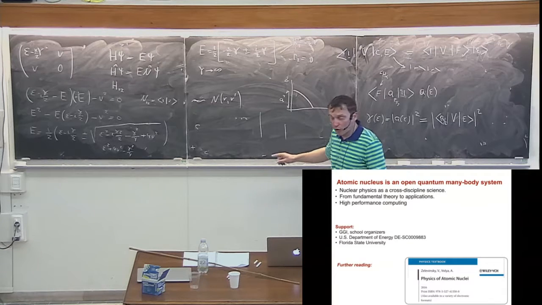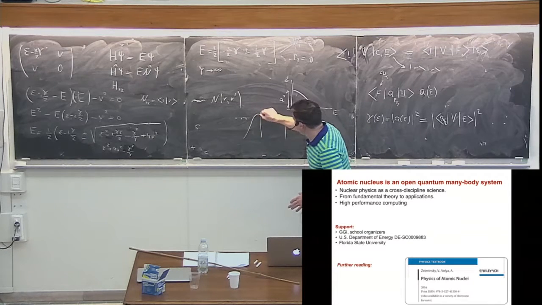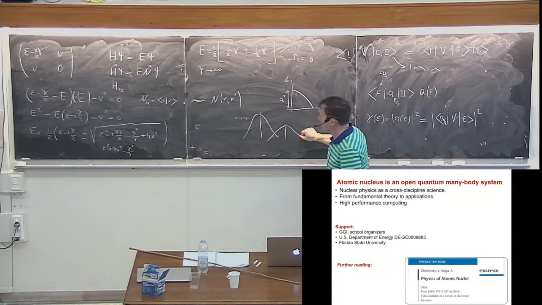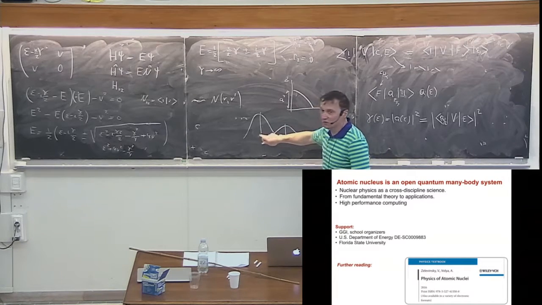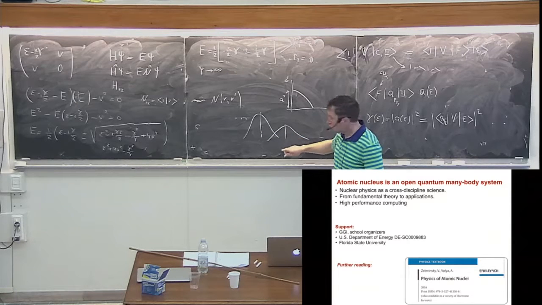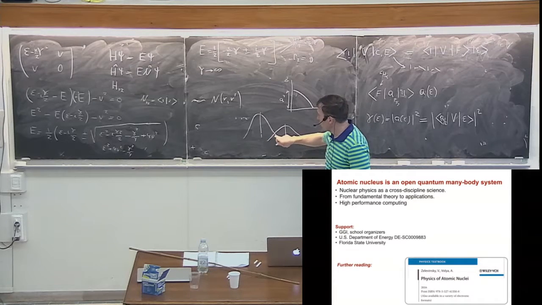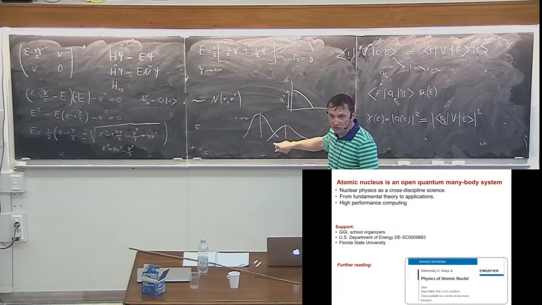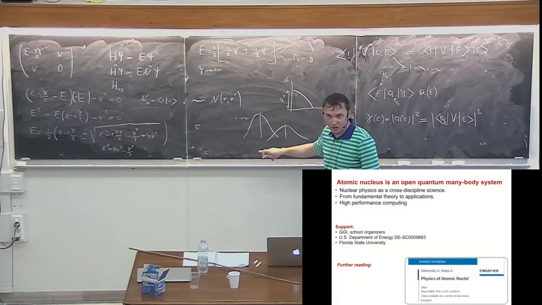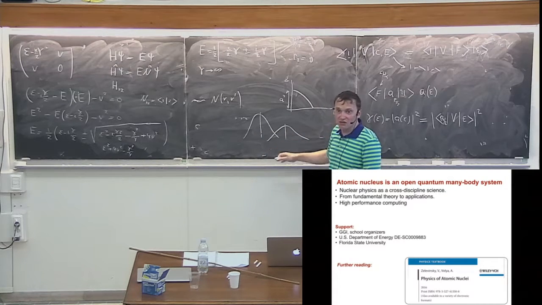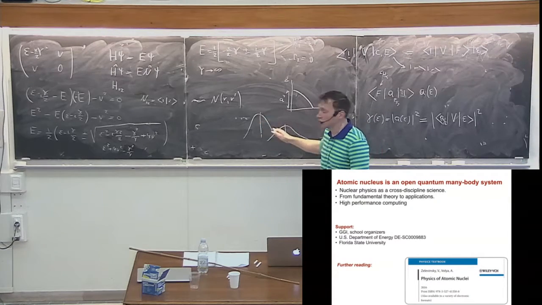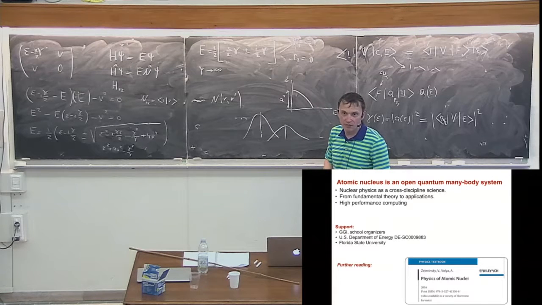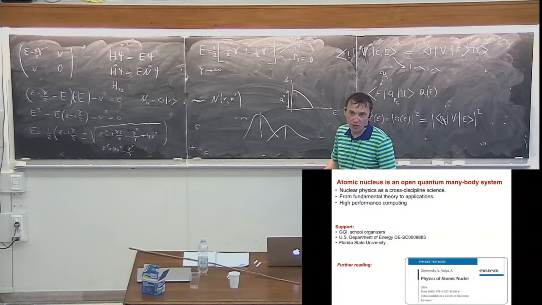When we have broad states, they overlap, and when they overlap, it depends on their relative signs. So the behavior of the cross-section can be very different depending on the signs, and that gives us extra information about the structure of these states, which we cannot infer just from their positions and widths. So this is something new that we get.